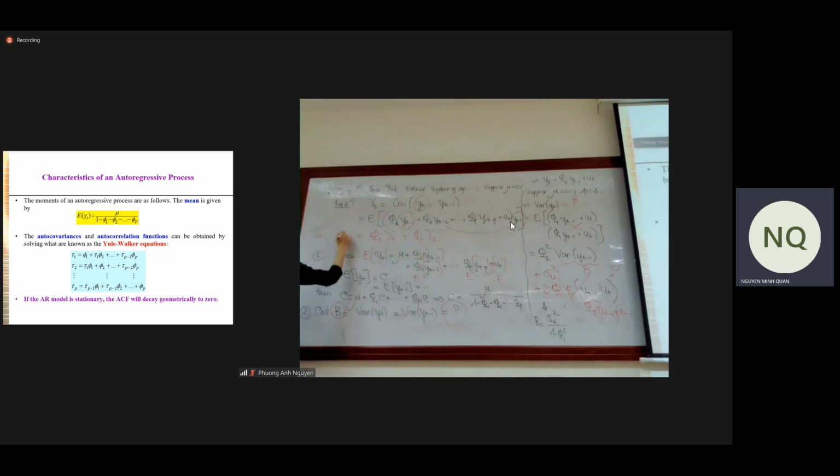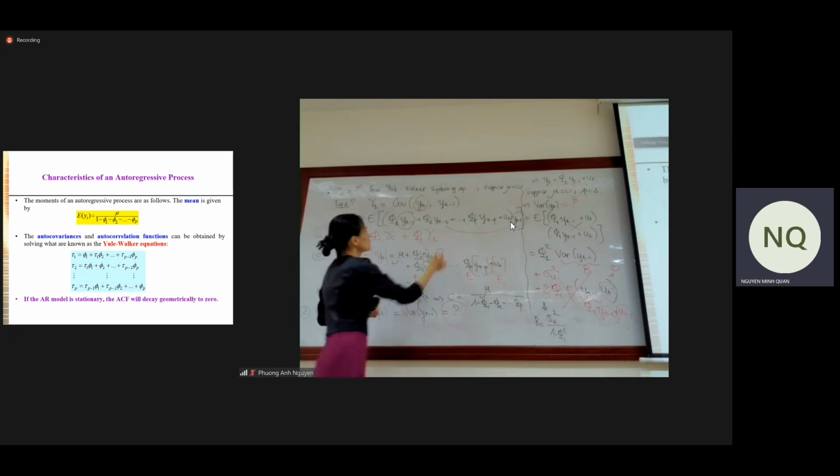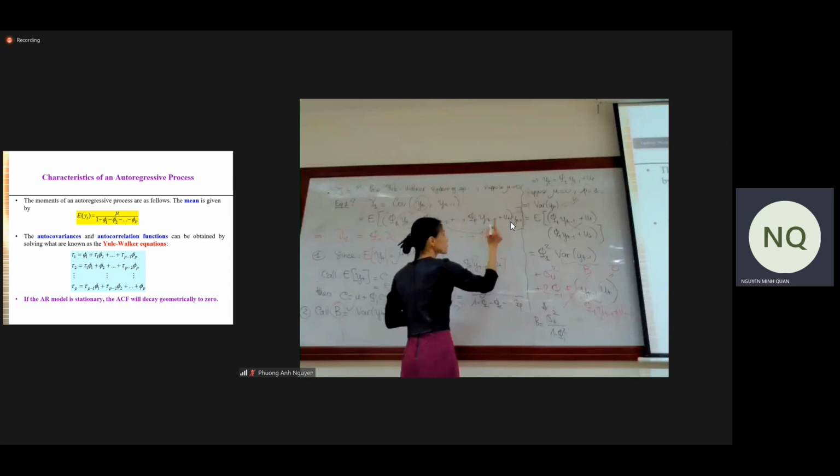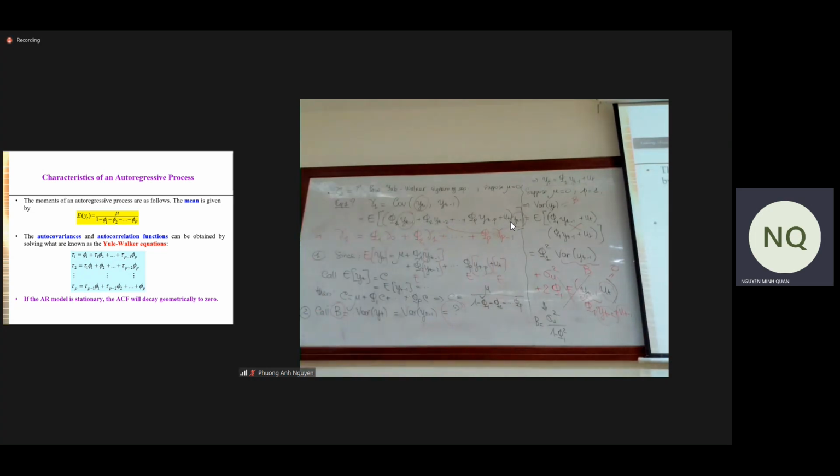The left-hand side is still gamma 1, and I continue. I finally get phi_p gamma_{p-1}. So we almost get the first equation.